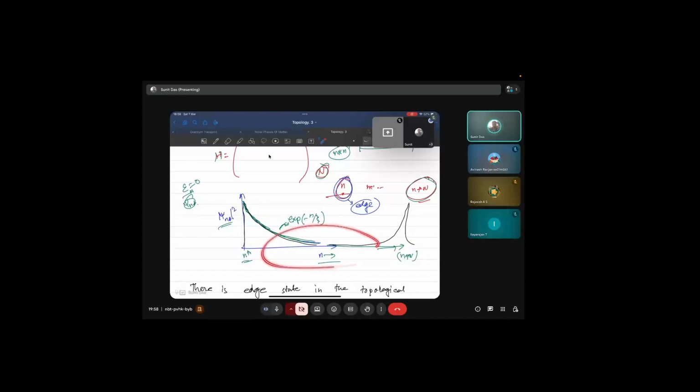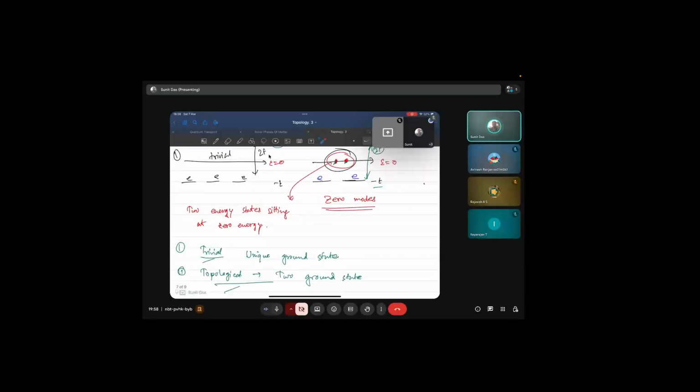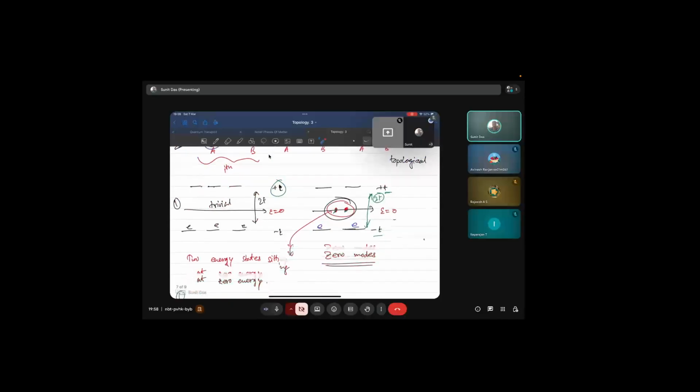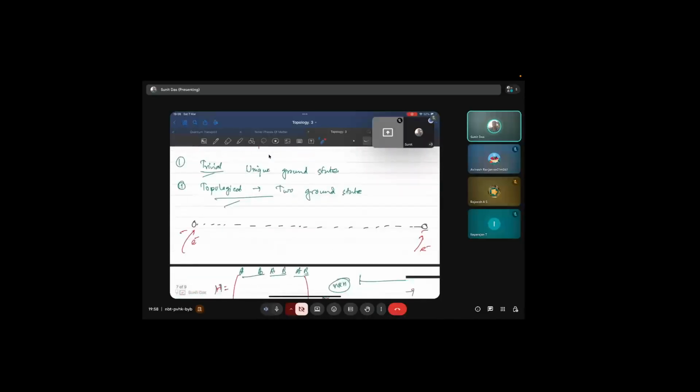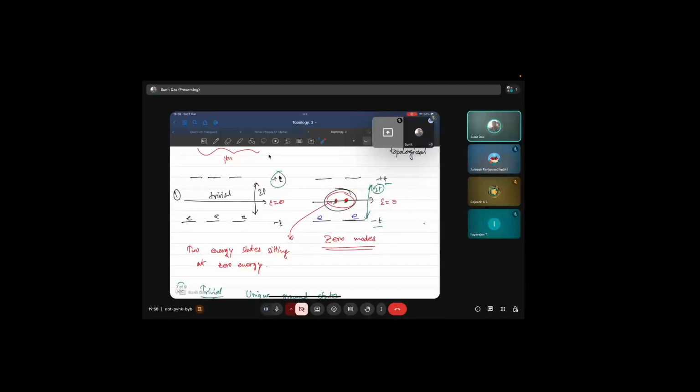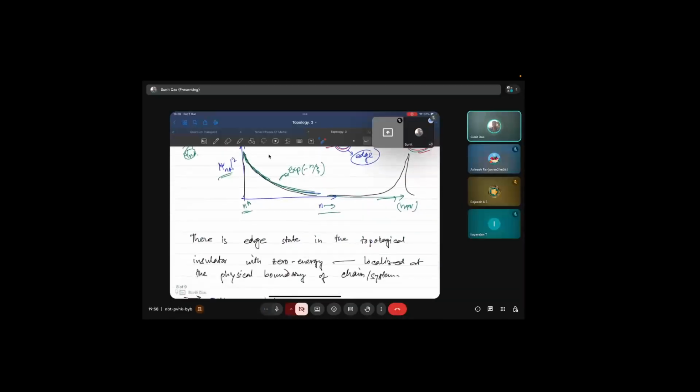By bulk, I mean not on the physical edge, okay? But for the topological case, you exactly get two edge modes, living at the very edge of the sample, meaning at this A site or this B site. Okay, and these modes essentially correspond to these zero energy modes. So these are the three or four differences.